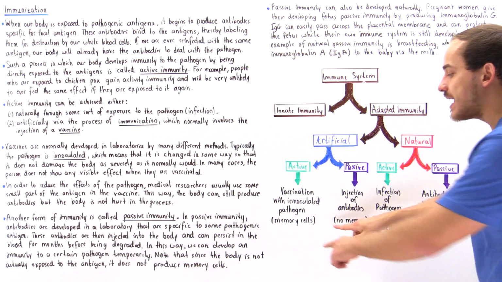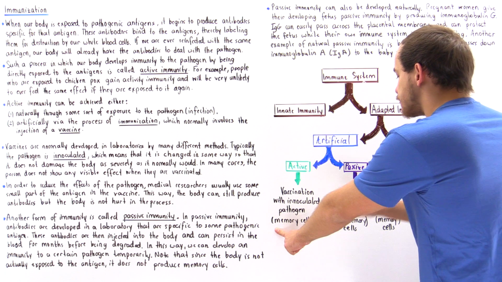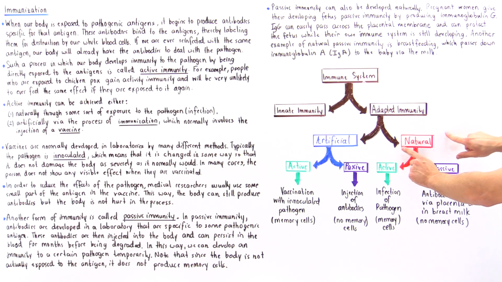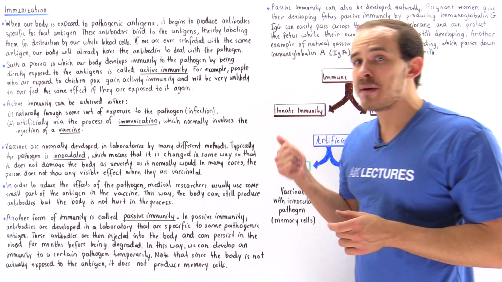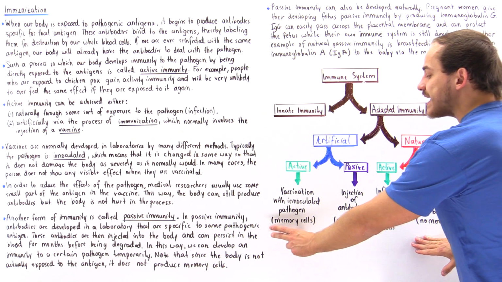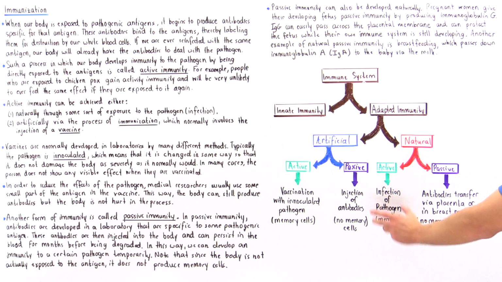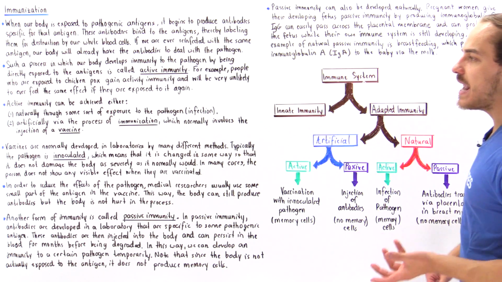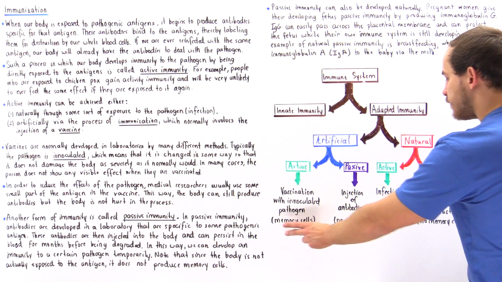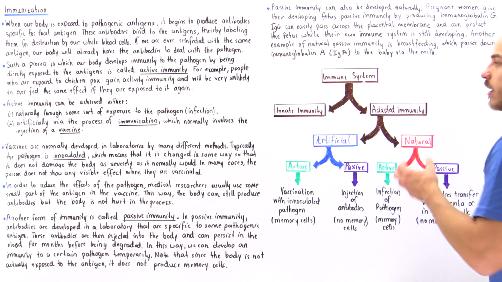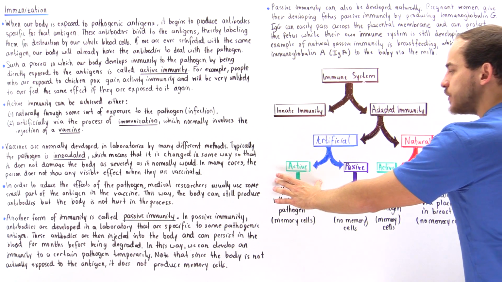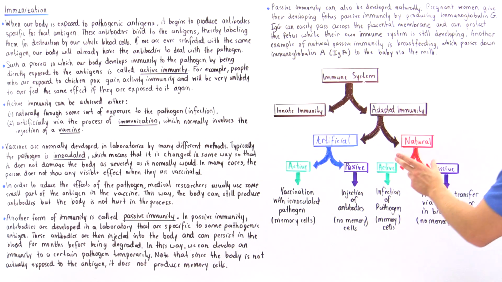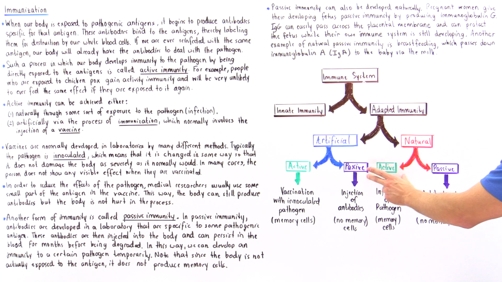Now, in this process, we gain memory cells. If we examine the natural process, we have to get the actual infection from that pathogen. We have to be infected by that pathogen to gain the same response and form those same memory cells that contain the antibodies. So both of these are methods of gaining active immunity. One is artificial, immunization via a vaccine, and the other is natural, via the process of infection.